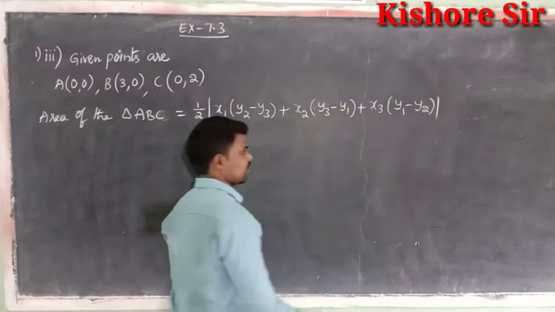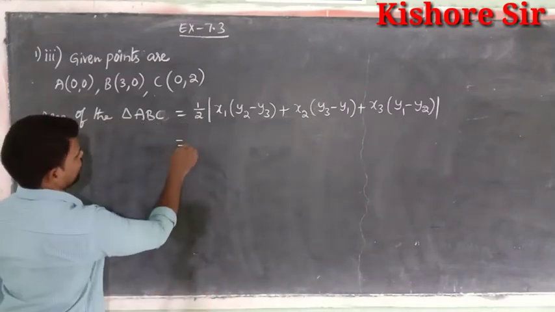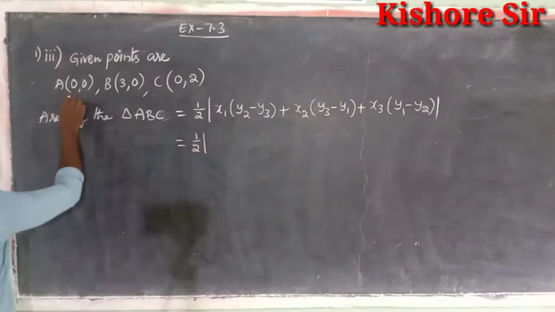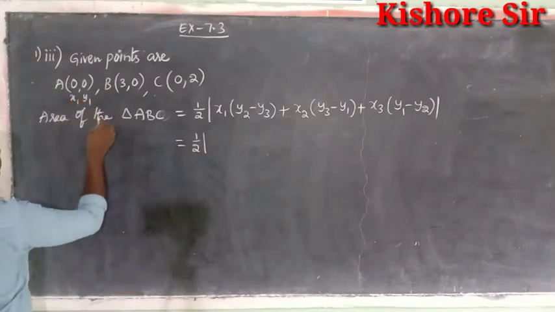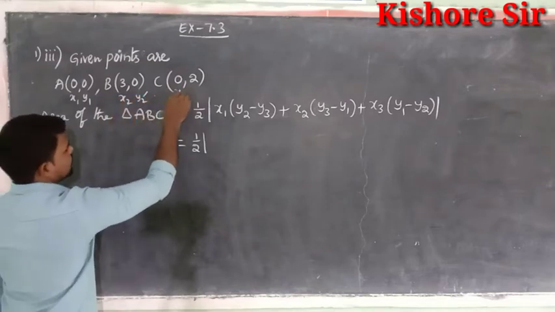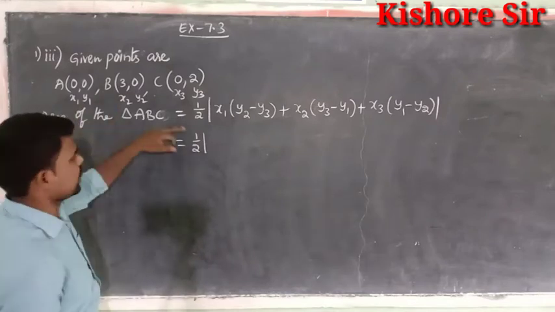We can use this formula to get the area of the triangle. The first point is x1 comma y1, the second point x2 comma y2, and the third point is x3 comma y3. Substitute all these values here.